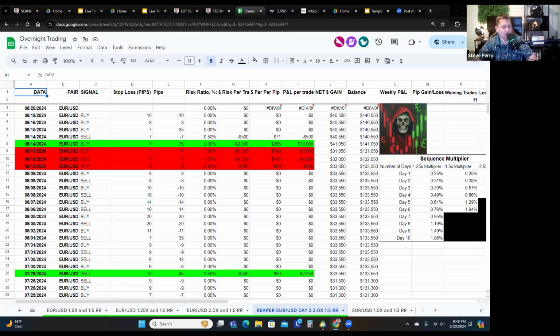The idea with the Reaper is, since statistically over the last 3.5 months that we've traded this, we've always hit a win within 6 days, when you get to day three, the Reaper comes out to play. He enters the chat. So what does the Reaper do? The Reaper comes in and employs the 2x multiplier for just 3 days, assuming that we're going to get a win within 3 days.